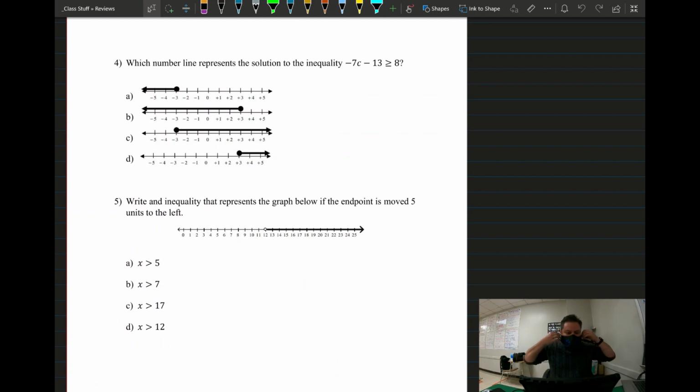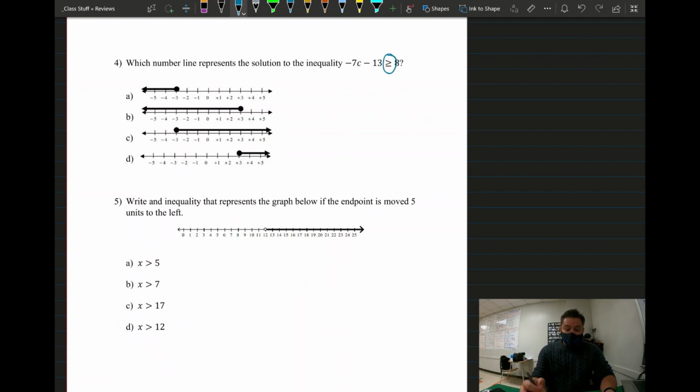Number 4. Which number line represents the solution for the inequality negative 7c minus 13 is greater than or equal to 8? Okay, so first of all, let's look at the inequality sign and recognize if there's something that we can go ahead and eliminate.